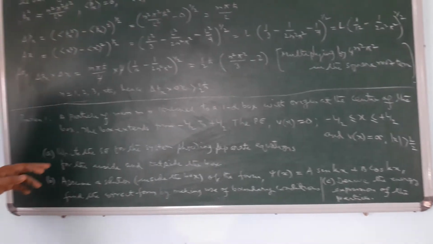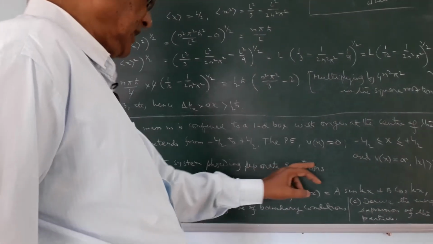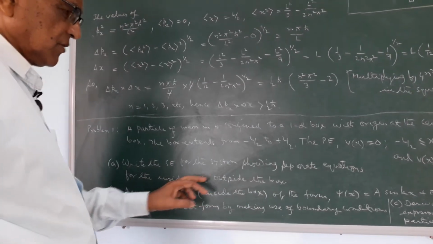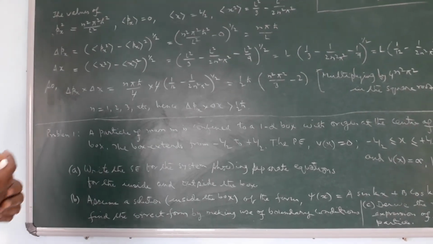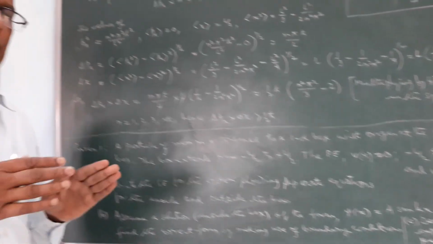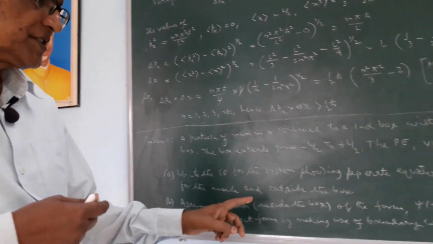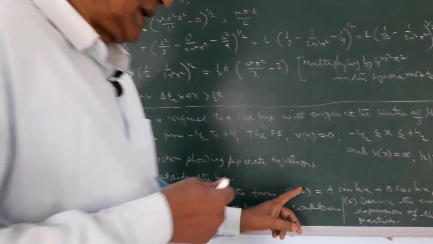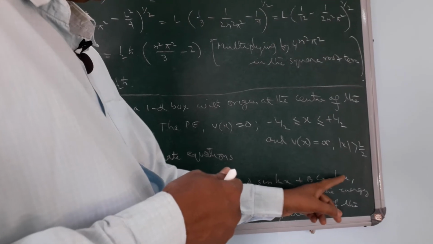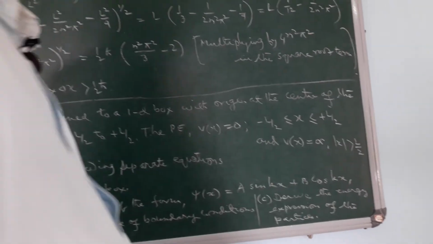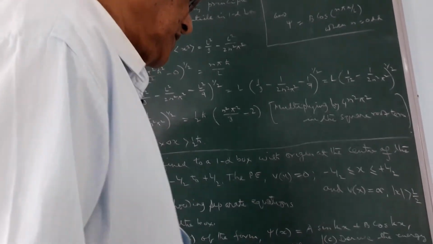So the questions are: A, write the Schrodinger equation for the system showing separate equations for the inside and outside of this box. So this is very common. Already I have discussed what will be the Schrodinger equation for inside and outside of this box. And B, assume a solution inside the box of this form, psi x equal to a sin kx plus b cos kx, k is similar to what we have taken for this value of k square.